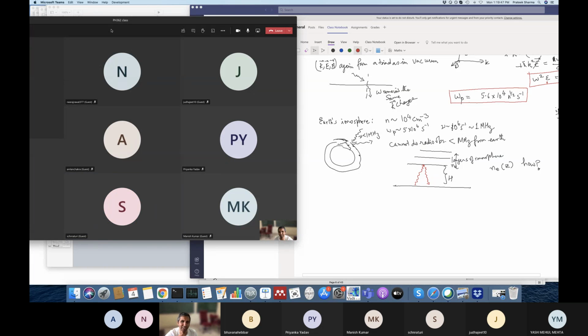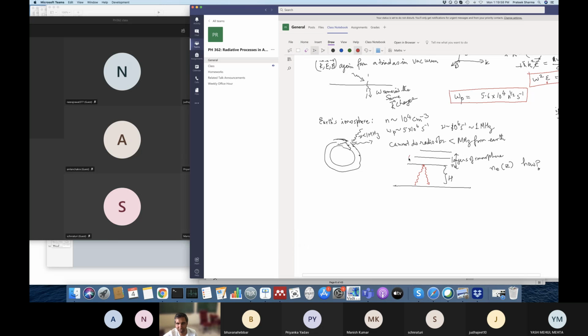So what I'm saying is, suppose the electron density here is say 10 to the 4, like an average number. Let's say here it is 10 to the 3, and here it's 10 to the 5, right?